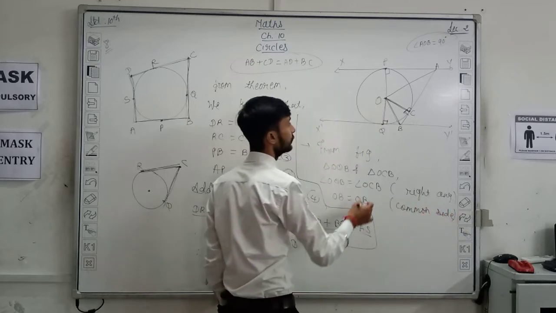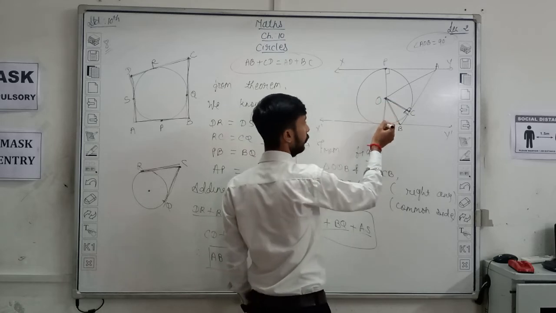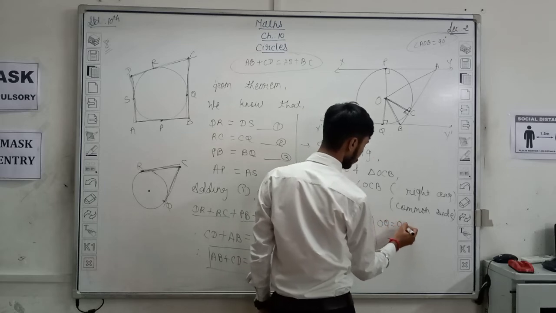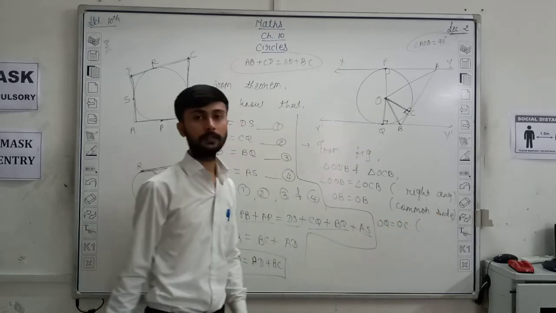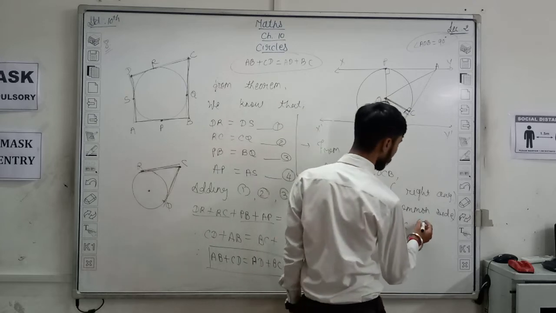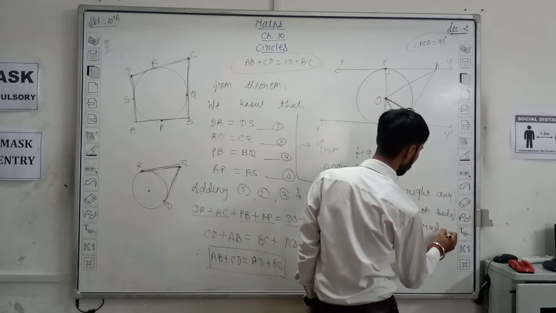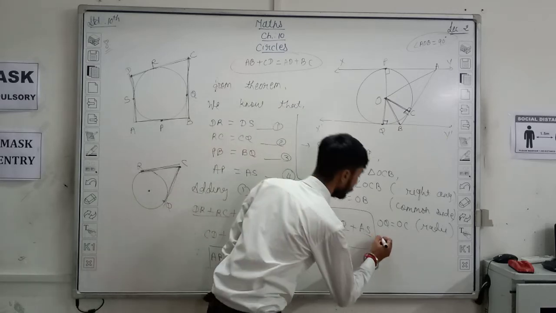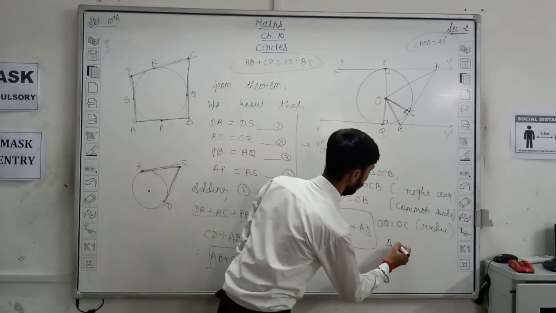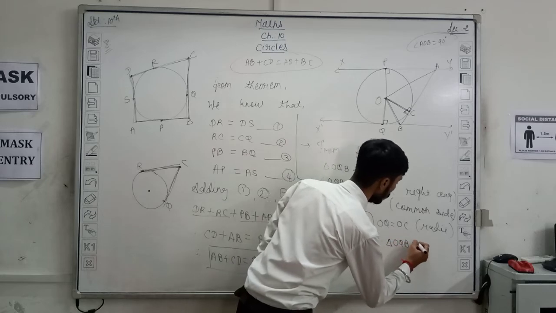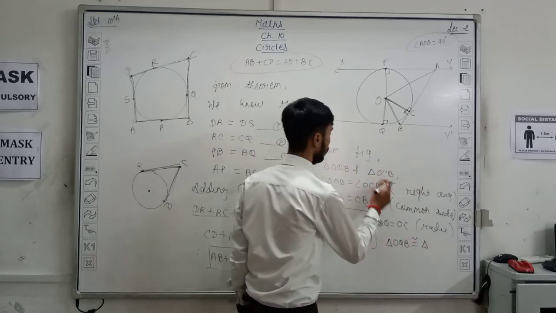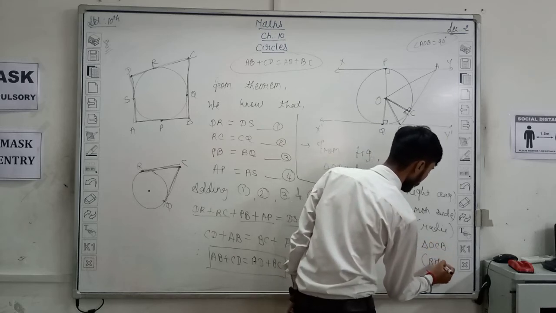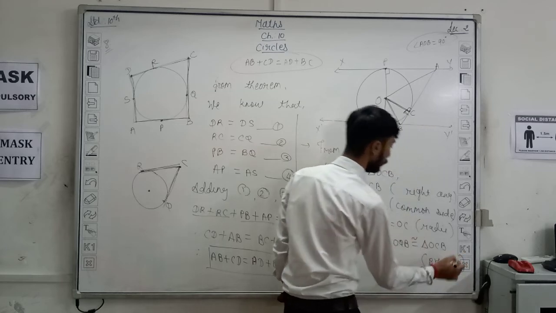And third one, this OQ equals to OC, and we know that they are radius of same circle. Okay, so therefore triangle OQB is congruent to triangle OCB by RHS congruency rule.